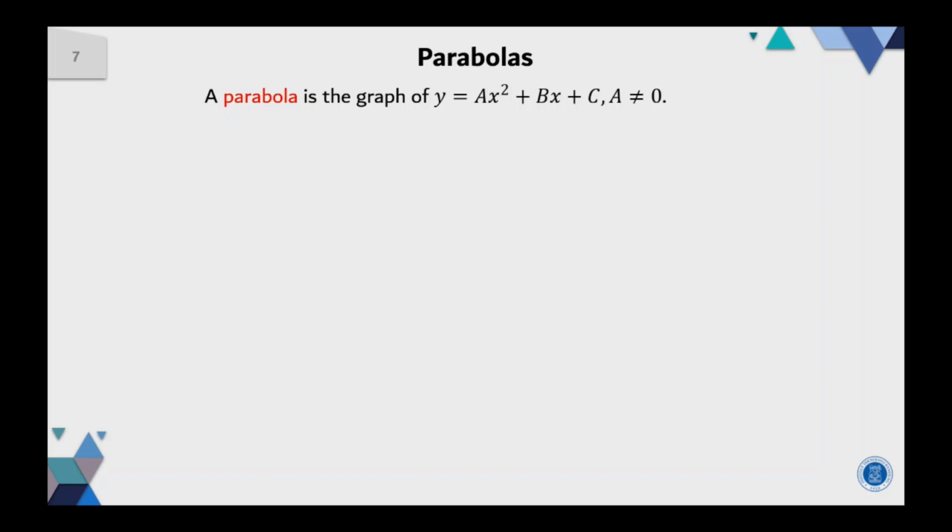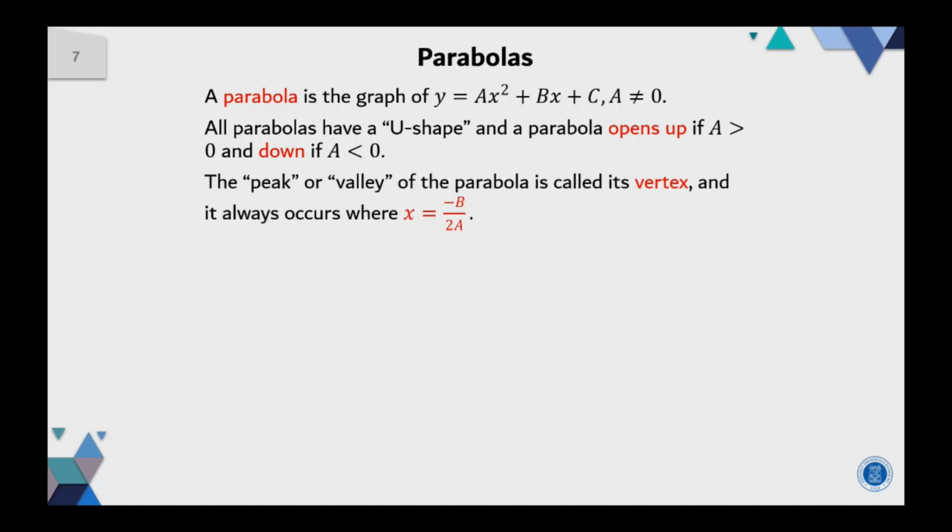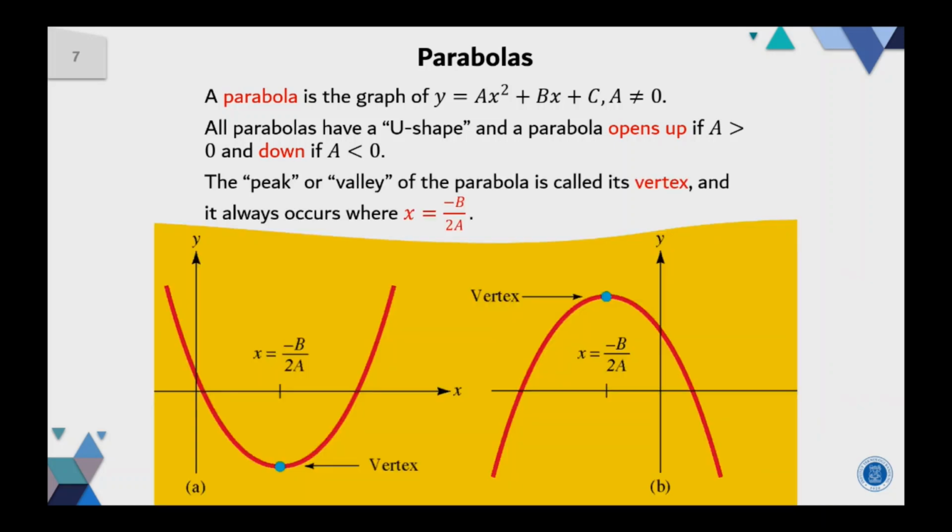Okay, so why do we call it a parabola? Because it has what we call a U shape. The U shape opens up if a is greater than 0 and opens down if a is less than 0. What does it mean to open up? Opens up looks like the figure on the left here.